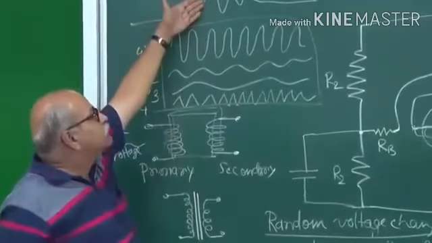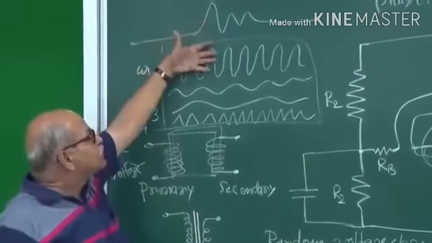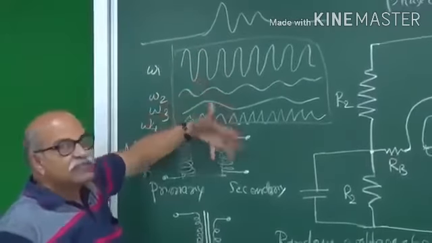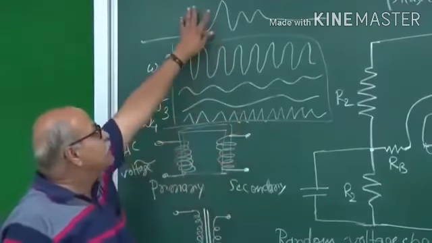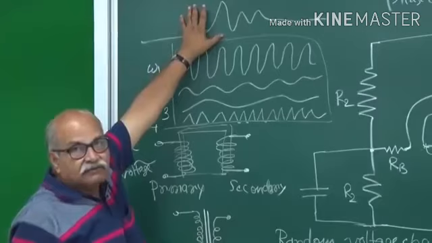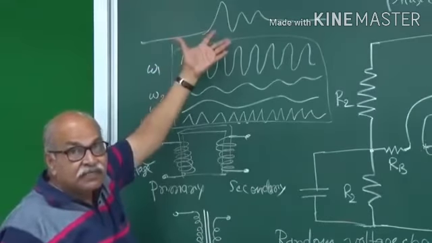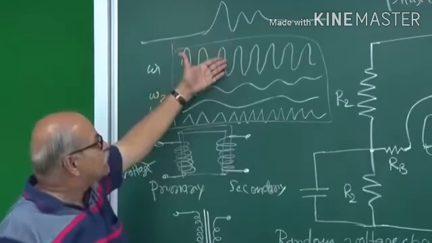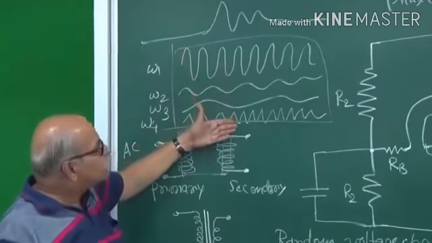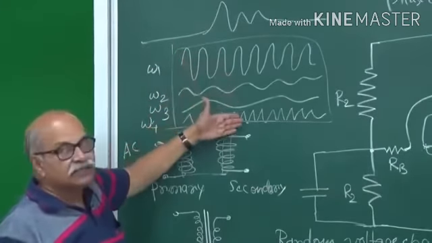This can be taken as this plus this plus this. So any kind of shape can be decomposed into a summation of sine waves with different frequencies and different amplitudes.